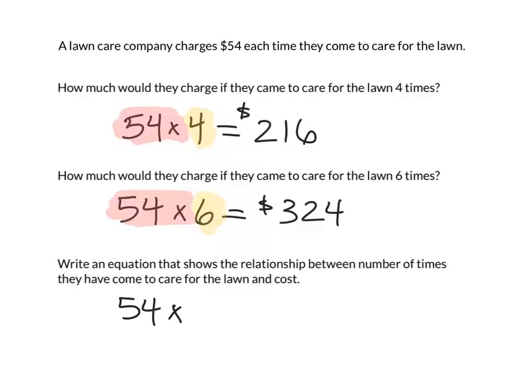That number in yellow represents the number of times that the lawn care company comes. So I may say N for number of times they come mow the lawn. And the equals is going to be different, obviously, because if they come a different number of times, it's going to cost a different amount. But those numbers represent the cost.